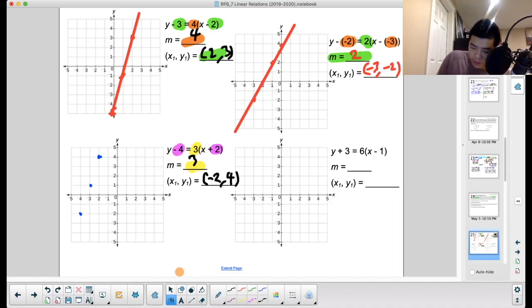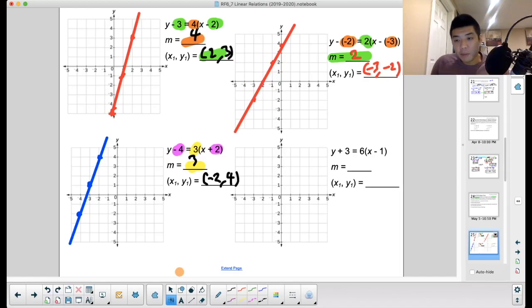And then we can connect those points with a nice straight line. And again, just make sure that your plotted points are visible so you can see where you have actually decided to plot each of your points.